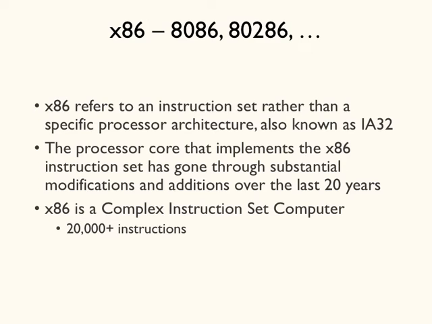Another one is called complex. In a complex instruction set, there are so many instructions. In Intel architecture, there are more than 20,000 instructions. So the CPU can directly execute more than 20,000 instructions.